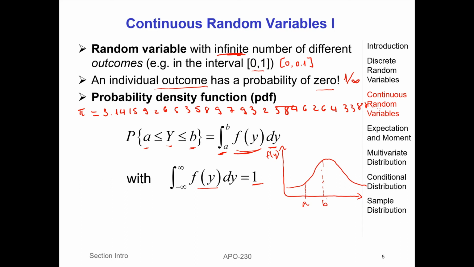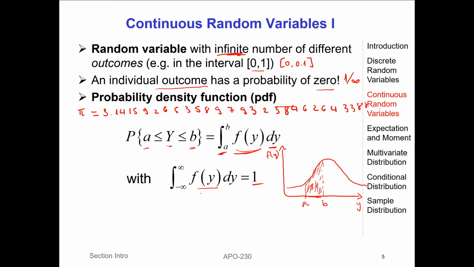So you can calculate the probability that the outcome of your random variable occurs within this range between A and B as the area below this f(y) curve from A to B. And the way to calculate that area is to take the integral.